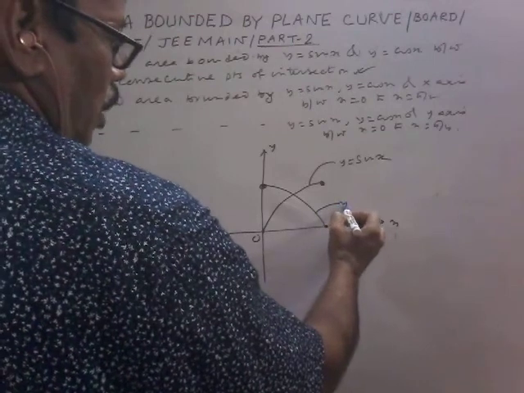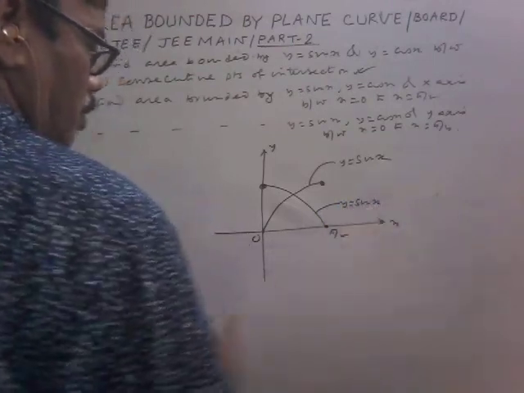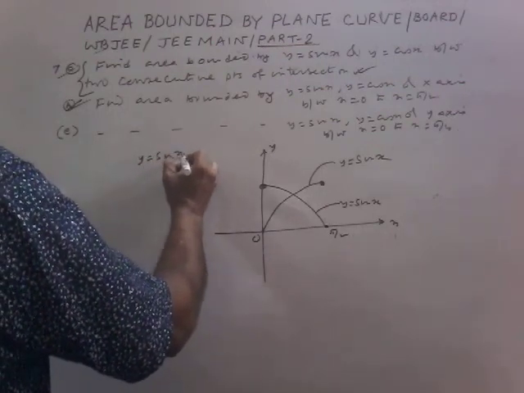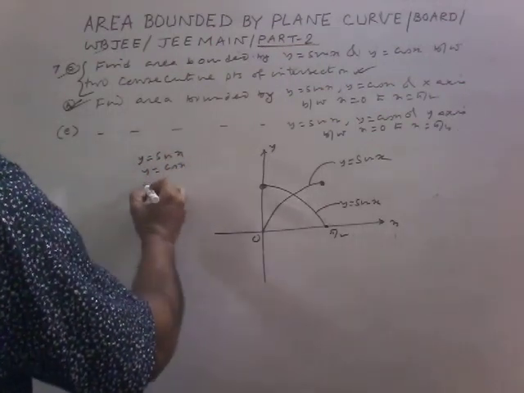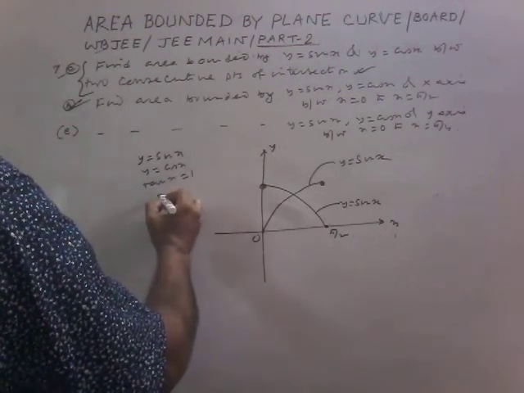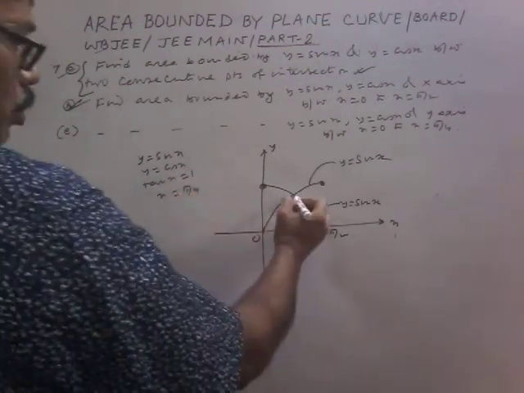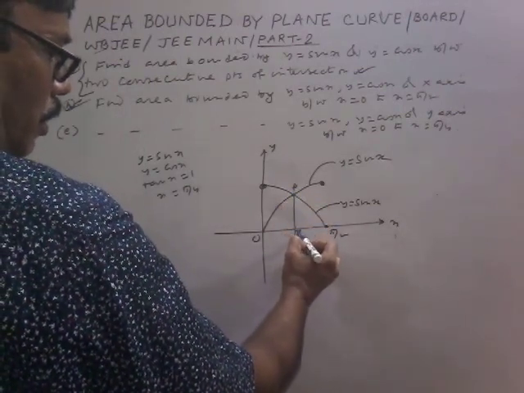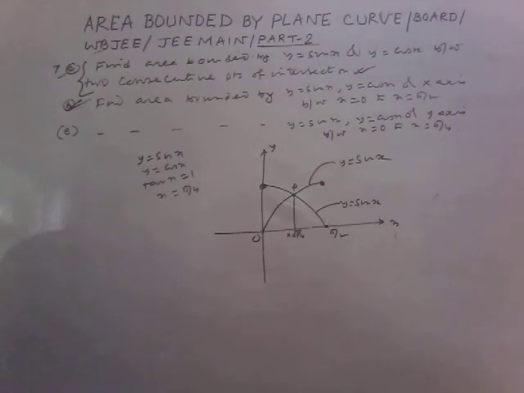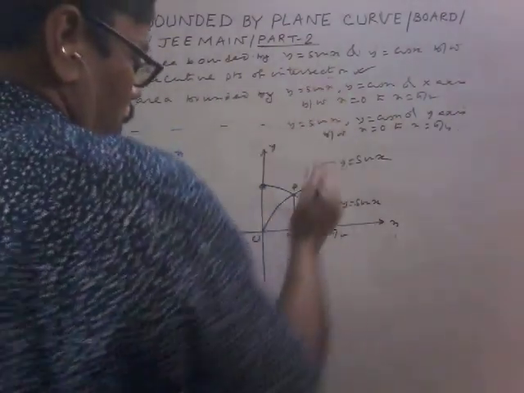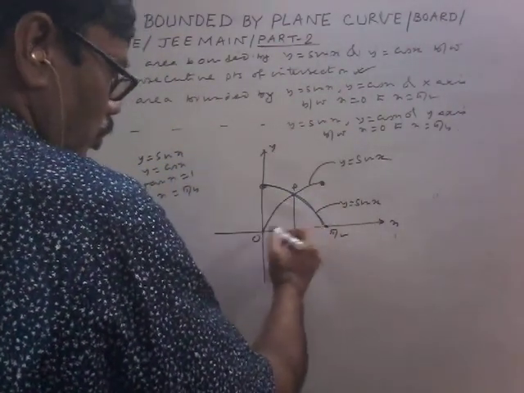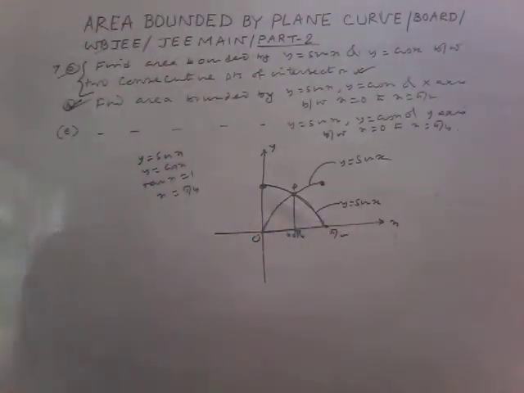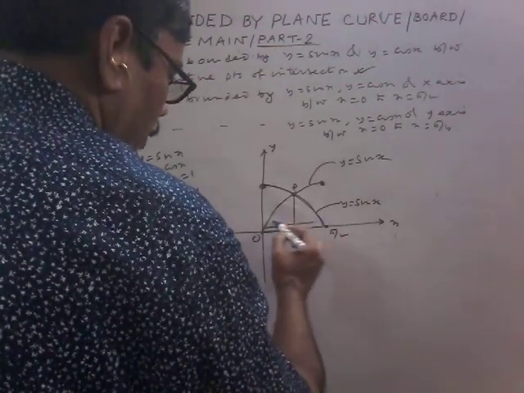So y equals sin x and y equals cos x, so tan x equals 1. So x equals pi by 4 is the point of intersection. This is pi by 4. Now look, find the area bounded by y equals sin x, y equals cos x and the x axis. So this will be our area.